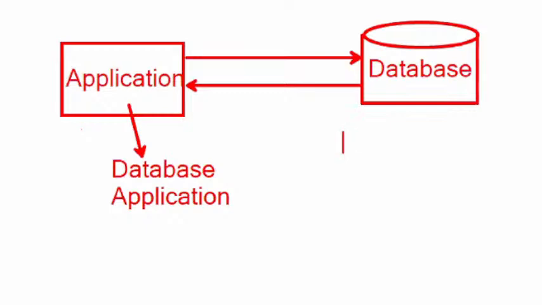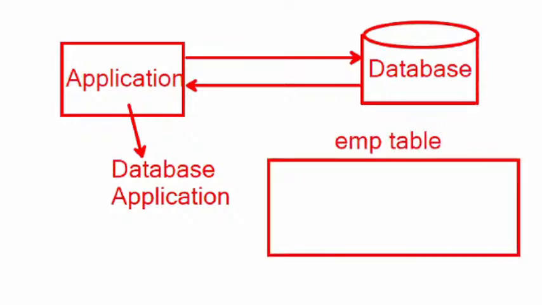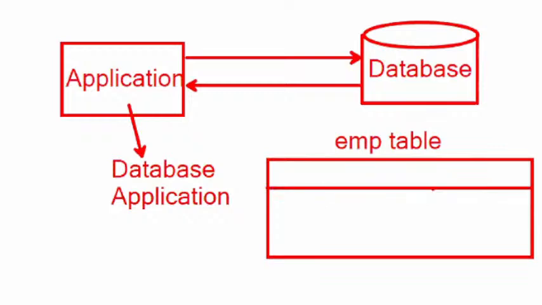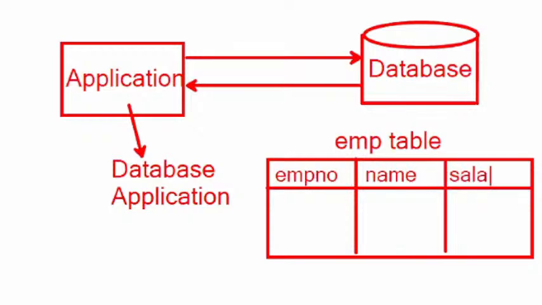Here data is organized. Suppose an EMP table. In this table there are fields and records: employee number, name, salary.